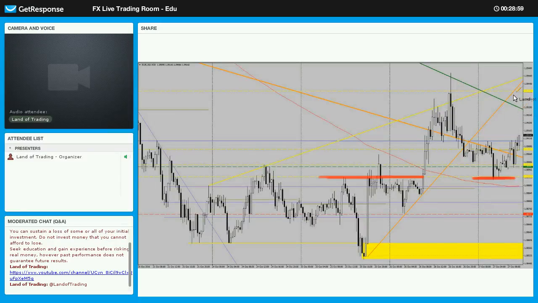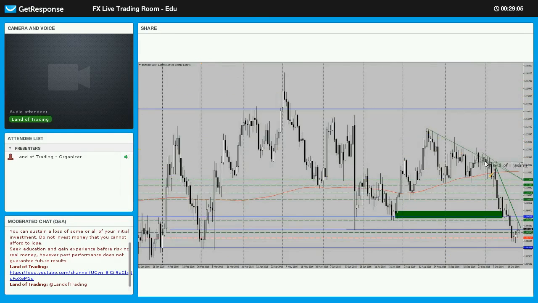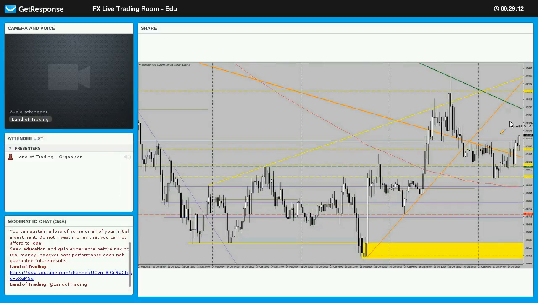Right now, green line, that's the daily, and at this line. All right. With this swing high, intraday first supply should be visible around 109.32.